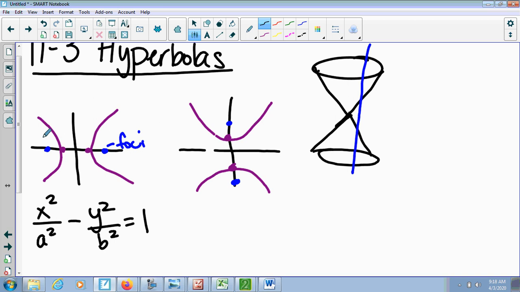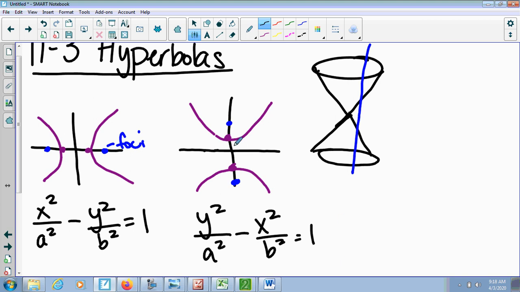So if your hyperbola is side to side, x squared starts off your equation. And you probably guessed that for it to be up and down, the y squared starts the equation: y squared over a squared minus x squared over b squared equals 1.